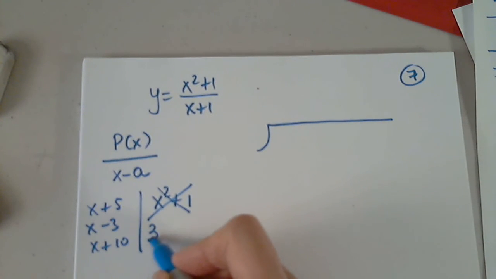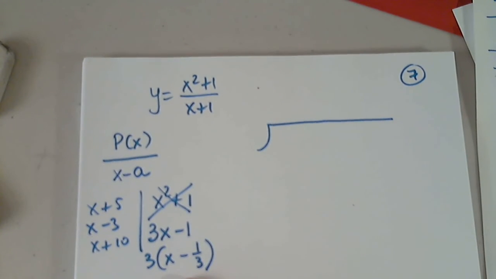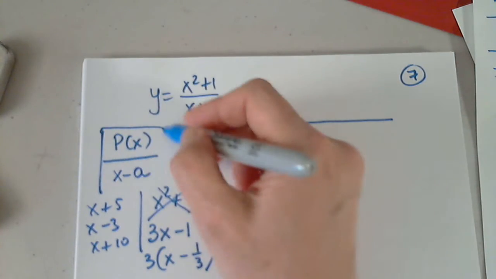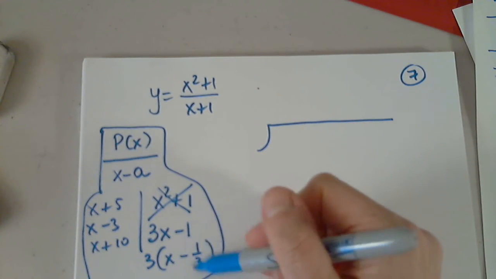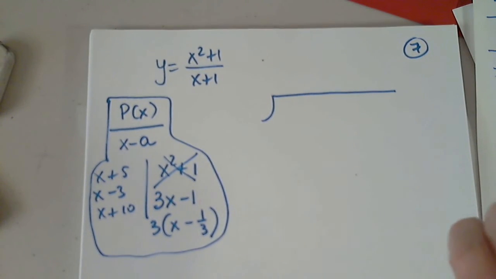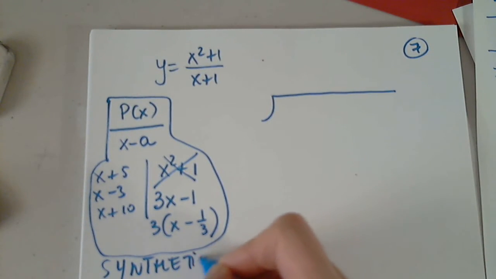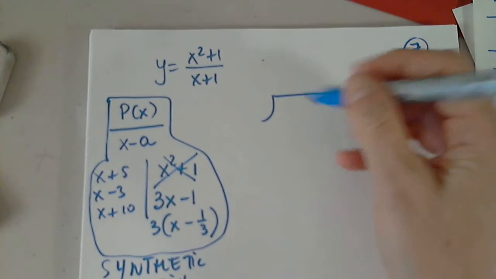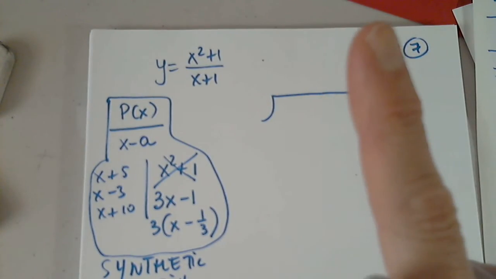Careful, if it is 3x minus 1, you have to factor out 3 and divide only by x minus 1/3. So synthetic division is only applicable in these cases. So this is for synthetic. Long division, regardless of what this is, you can use it, unless it's one term.